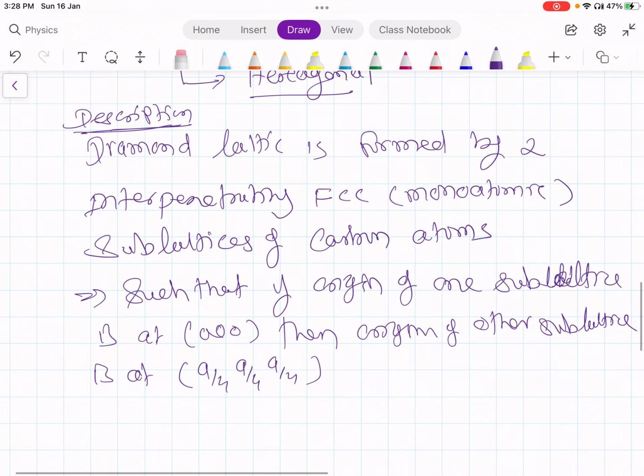But in diamond, both sublattices are of carbon atoms, and they interpenetrate such that if the origin of one carbon sublattice is at 0, 0, 0, then the origin of the other is at a by 4, a by 4, a by 4.